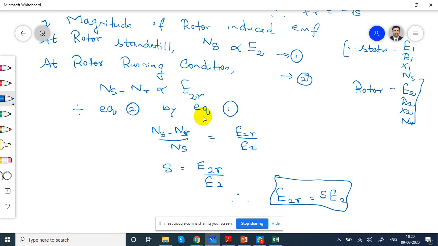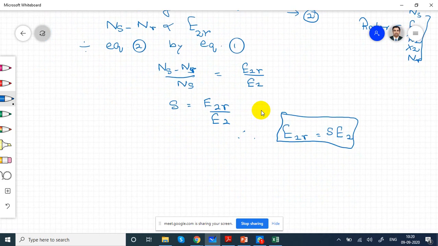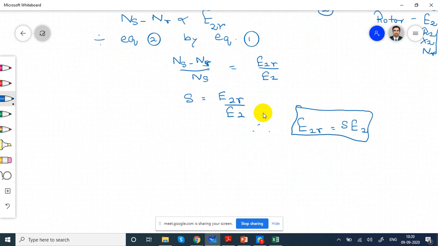Okay, S into E2. This is my second. First we have discussed the frequency of rotor current. Second one is rotor induced EMF, that is the magnitude of rotor induced EMF. The notation is E2.